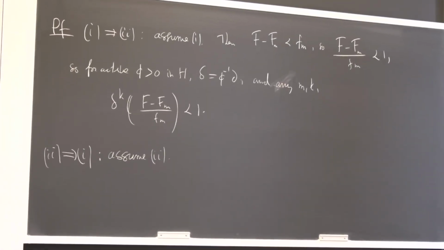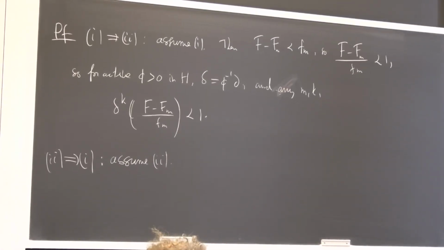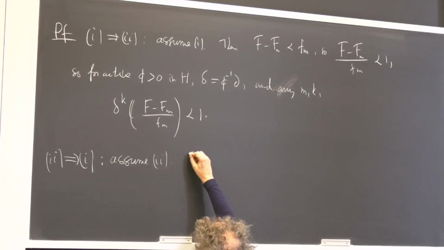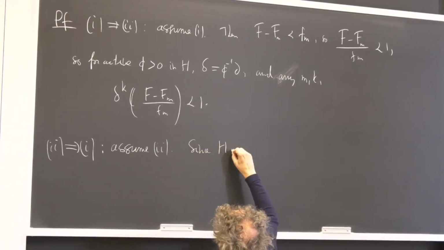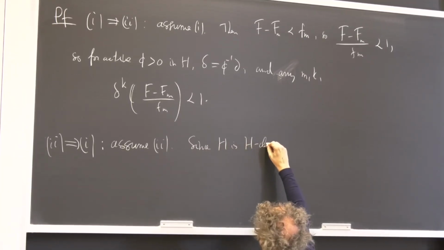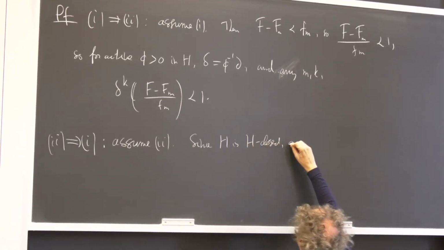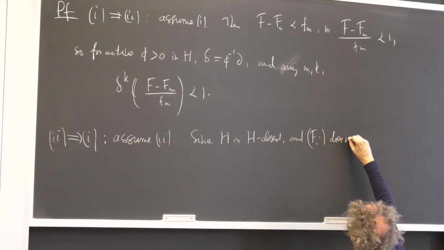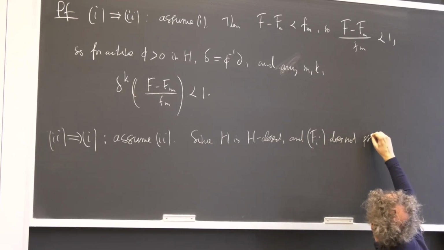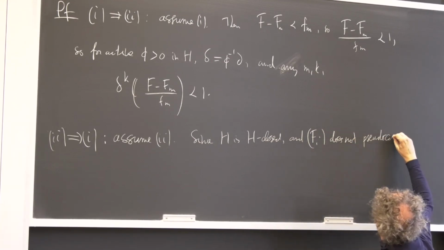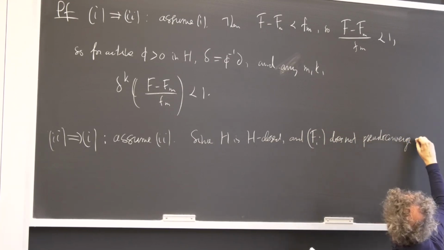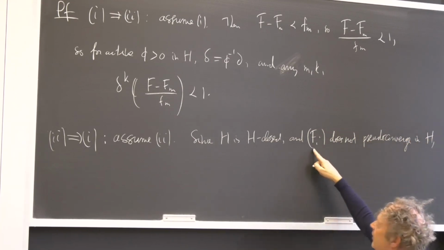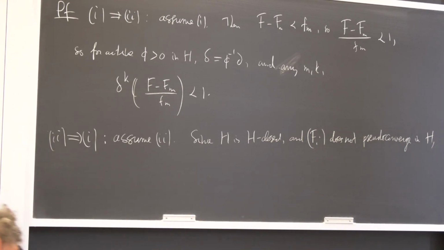Now we are going to use that H is H-closed. The pseudo-Cauchy sequence (Fm) does not pseudo-converge in H, it is actually what we call differentially transcendental over H.